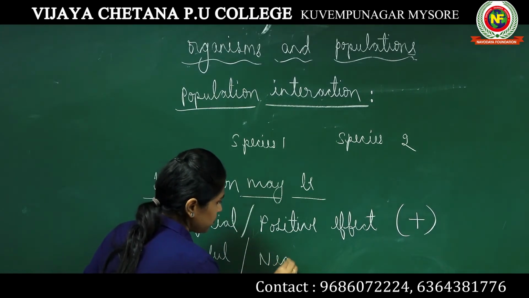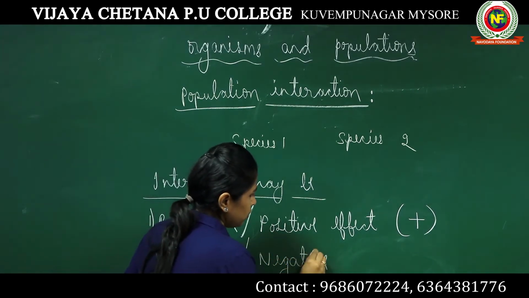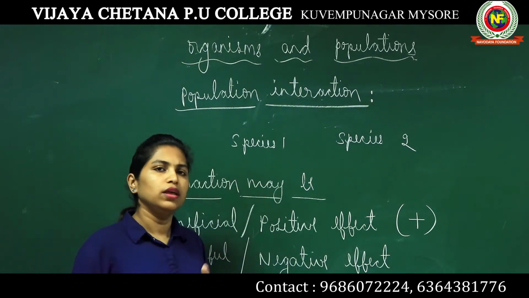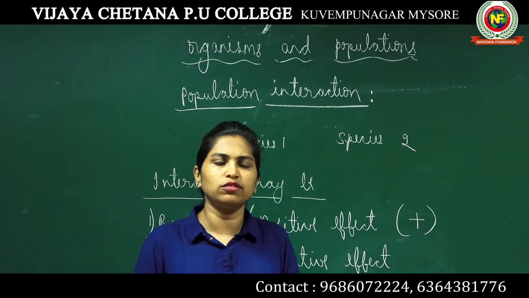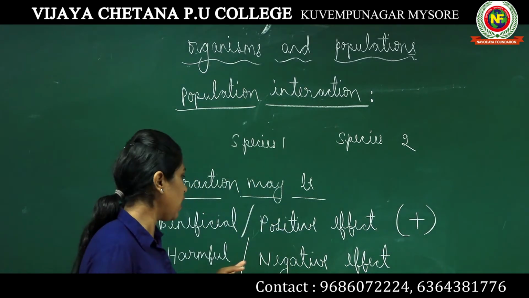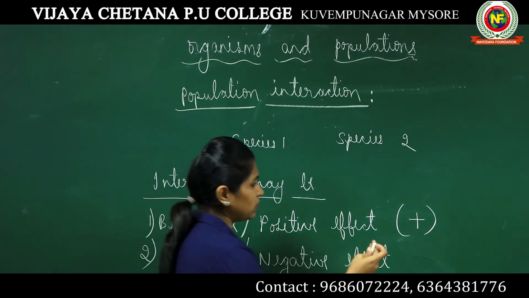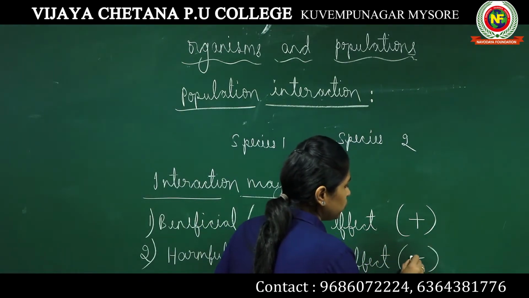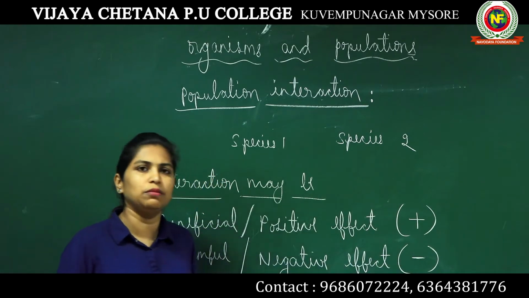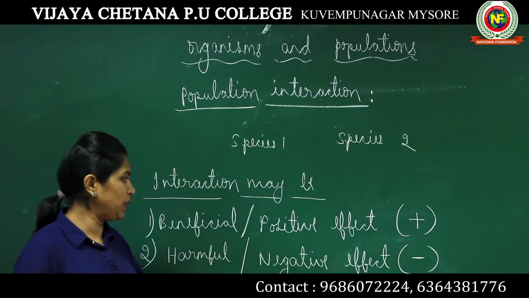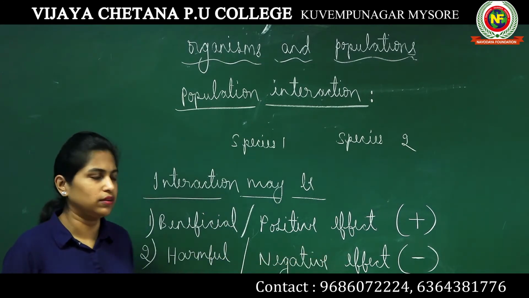This is known as negative effect because here either one of the species or both the species are being harmed. So it is referred to as negative effect. It is quite clear that we use the symbol minus to represent this negative effect.